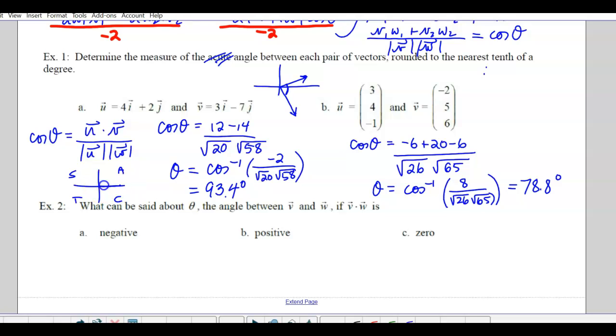And so if this is your initial arm, then your terminal arm forms an angle that's bigger than 90 degrees. Okay? So here, if it's negative, then theta is greater than 90 degrees.